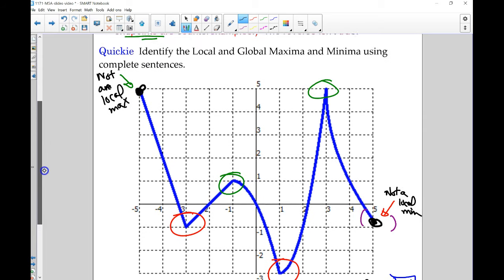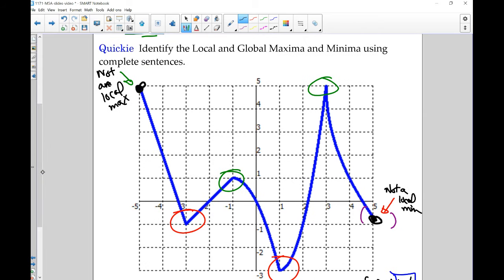Now I need to start to identify globals. So for global maxes, I need to look for the largest y value. I don't need it to exist on an open interval. I just need it to be the largest. And then similarly for global min, I need it to be the smallest. So max globally, you can have multiple of them, and I actually do.